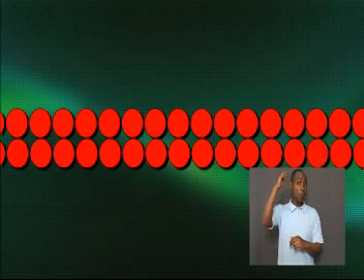A light microscope has a resolution limit of 200 nanometers. A nanometer is equal to 1 multiplied by 10 to the power of -9 meters.